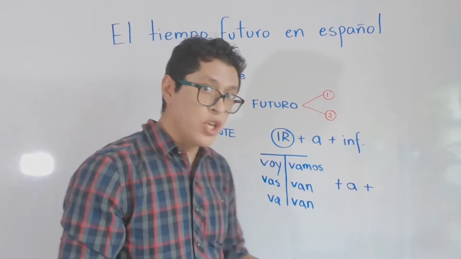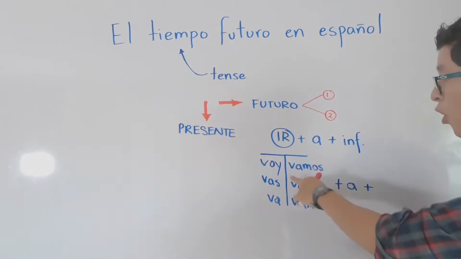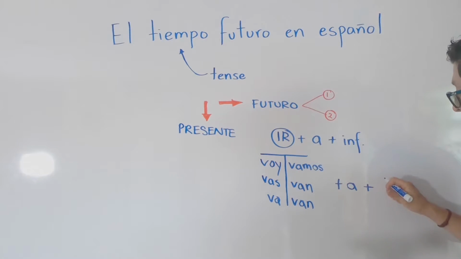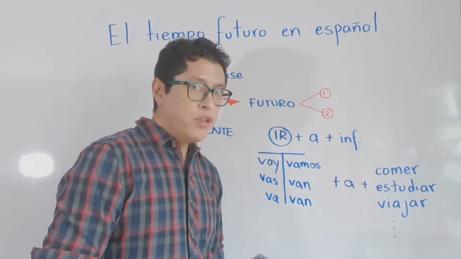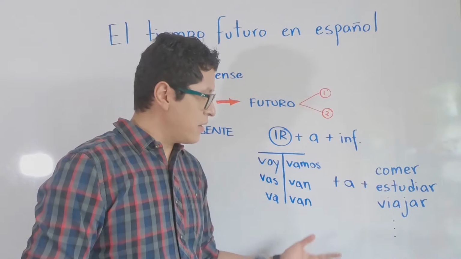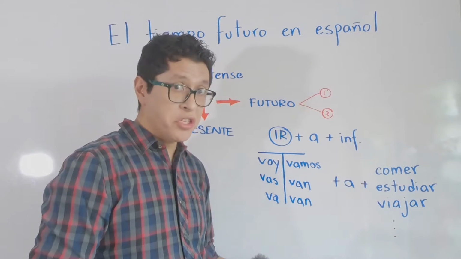Like in the sentence, when you say I'm going to eat, you say voy a comer. Comer, as you can see, I am not changing this verb. So if you want to make sentences like I'm going to, you say voy a comer, I'm going to eat.